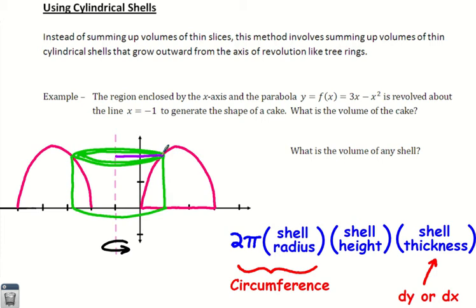The radius part in your integral, we're always going to define very, very simply. We're not going to use a function in the graph. We're just going to define it basically as like x or y, or in this case, this horizontal line segment.